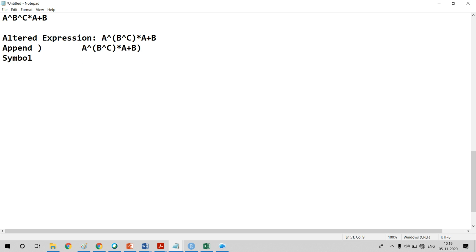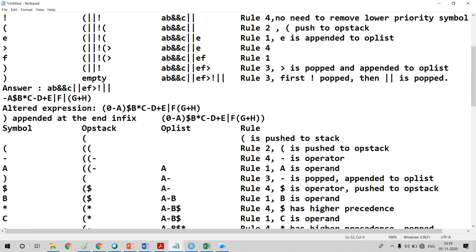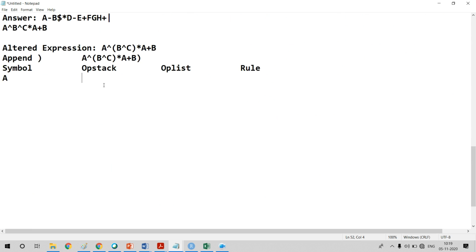First column symbol, second column would be stack, third column would be list, the next is rule. The first symbol is A. Initially OP stack is empty, add one bracket.